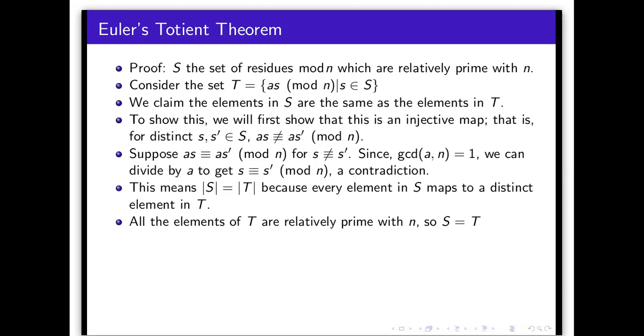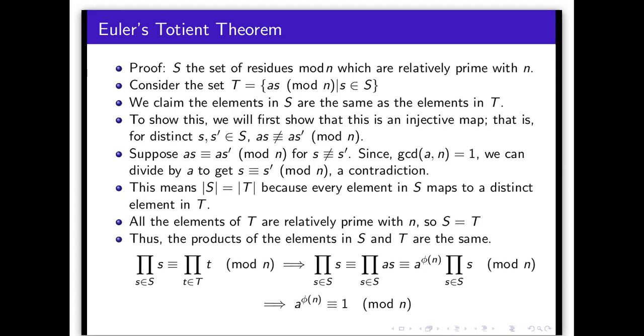But the more interesting thing here is if they have the same elements, then the product of the elements is also the same. If we take the product of all of the elements in S, this is equal to the product of the elements of T, which mod n is the product of a s, where s is in S. Since there are phi of n elements in S, we can factor out the a.